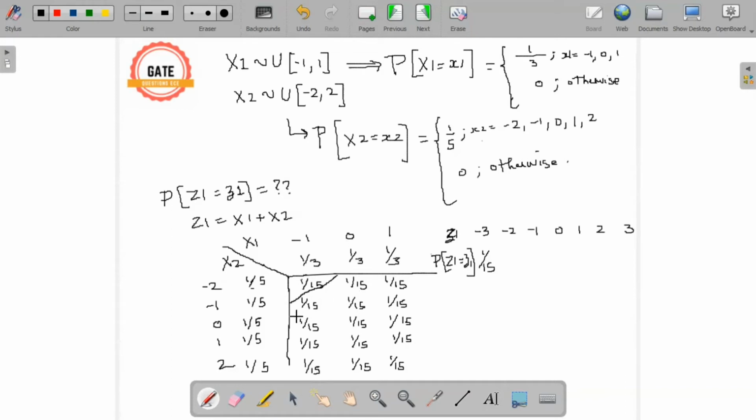For -2, we have to sum these two probabilities, 1 by 15 plus 1 by 15, so it's 2 by 15. For -1 it will be 1 by 15, 1 by 15, 1 by 15, so 3 by 15.